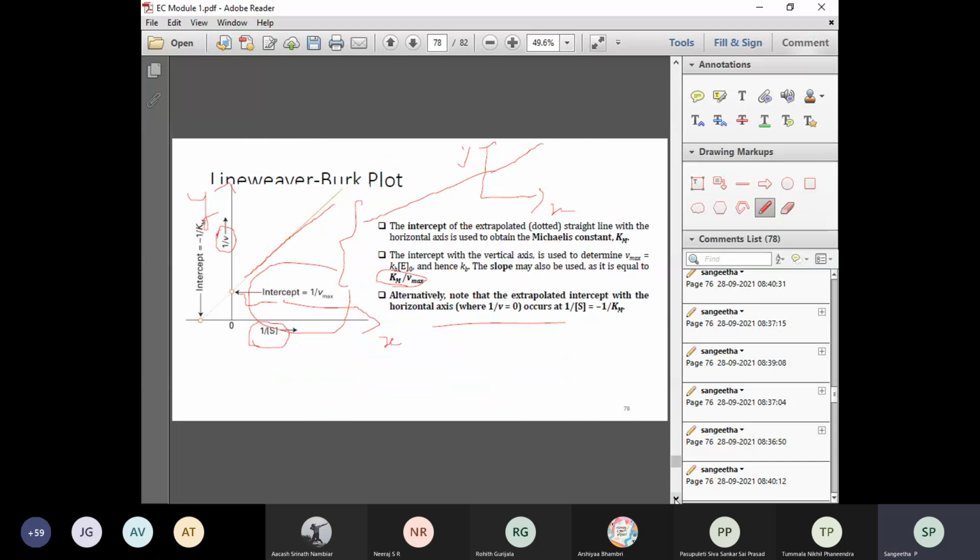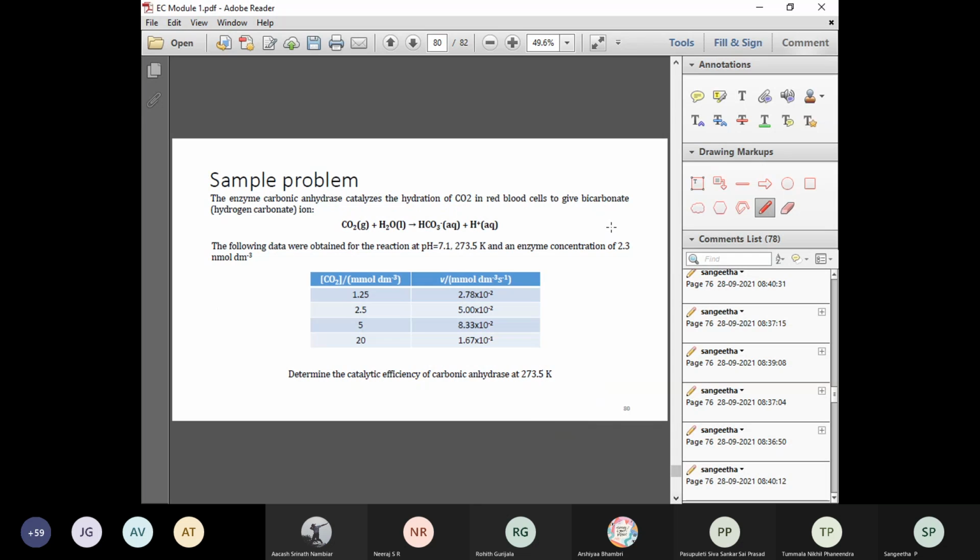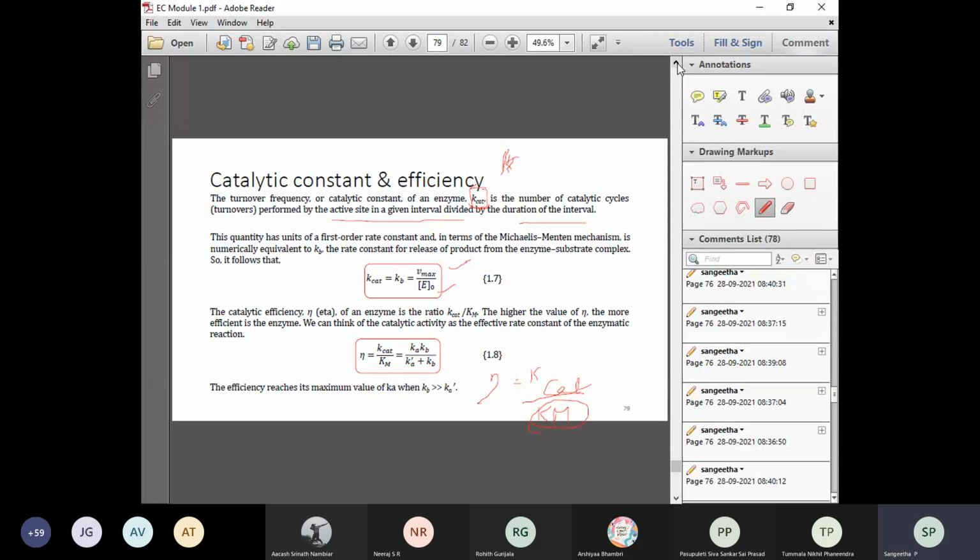Okay, students, here you just do it, and you will get this equation. Substitute the catalytic constant of the enzyme as well as your Michaelis constant, and you will get the catalytic efficiency eta.